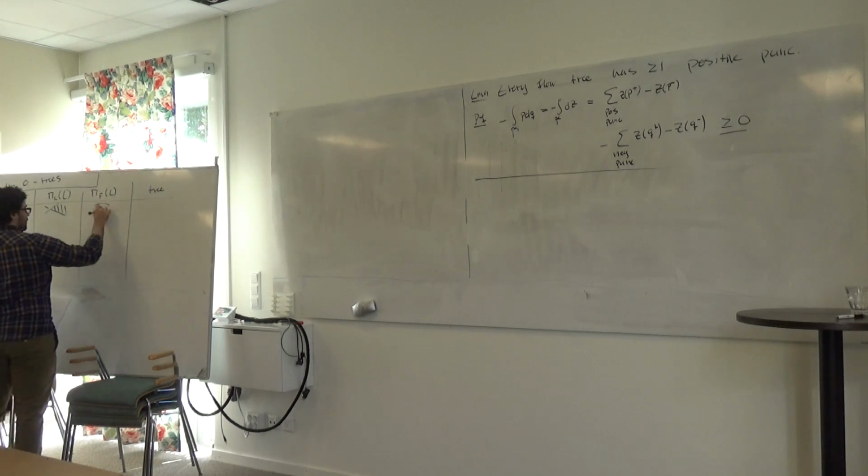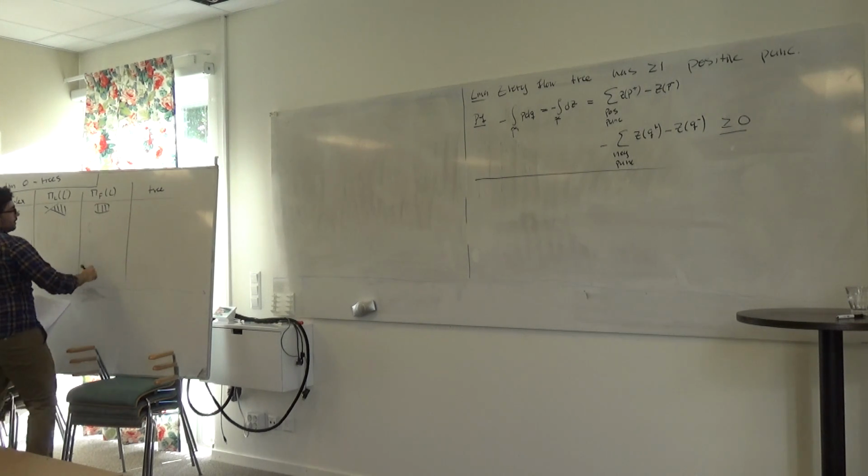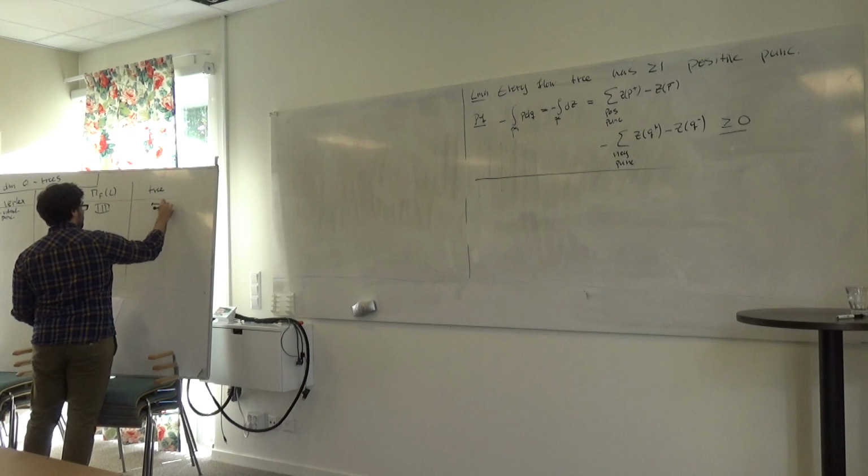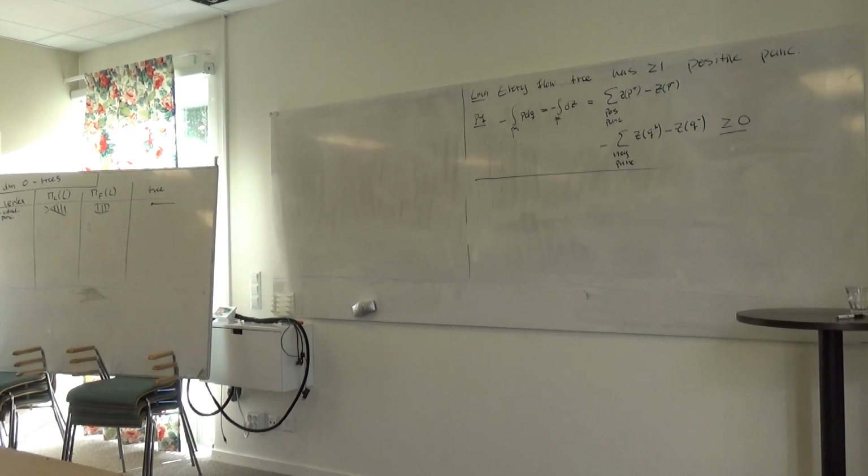In the front projection you have something like this. And the tree is, if it's a positive puncture, it's oriented outwards. So, two-valent punctures.